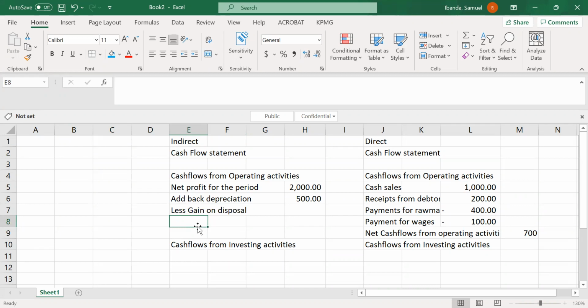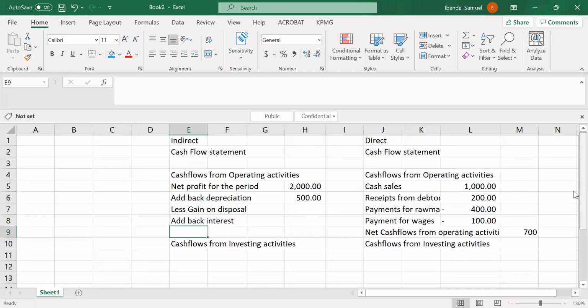Okay. And so on. So we'll also look at interest. I said interest is also added back. Interest is one of those things that is deducted while you're determining profit. So interest is added back. We also look at aspects, like maybe in case we have taxes, maybe taxes had also been deducted originally, those ones we also add back.